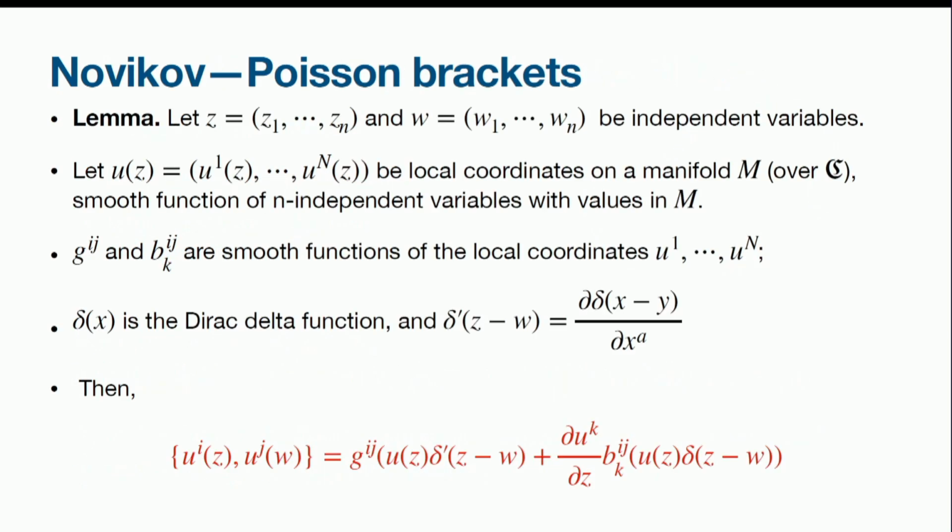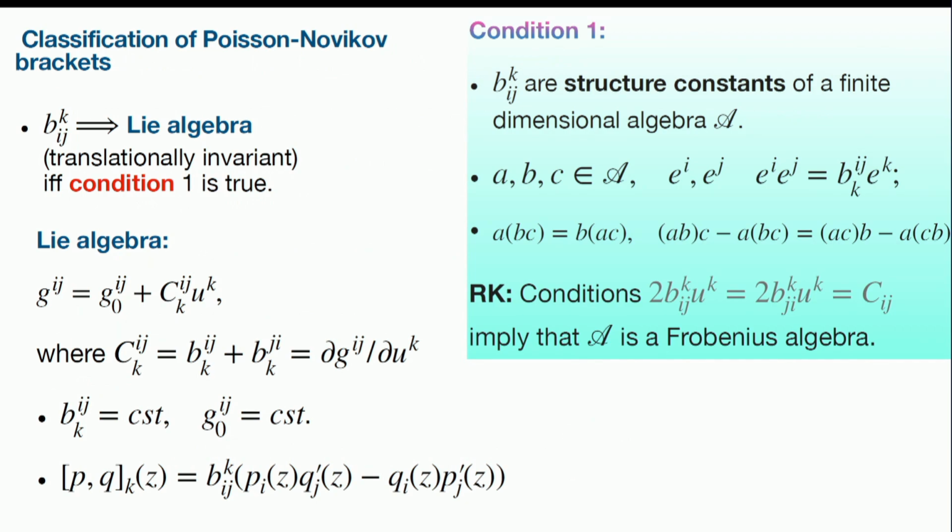And what I want to say is that this will be classified in terms of a Lie algebra, and that these elements here will be the structure constants of a finite dimensional algebra. In particular, if this is true, it's a Frobenius algebra, so it classifies two-dimensional TFT.